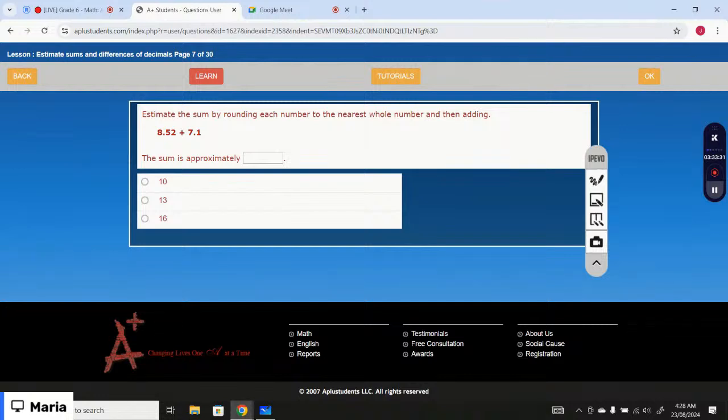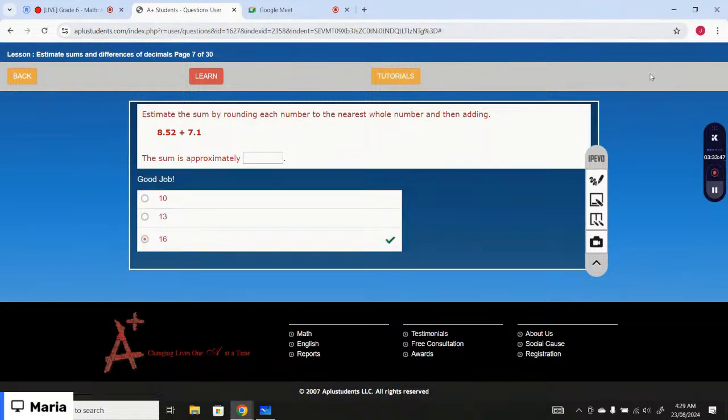That is, you need to add, right? 16, it is option number 3 is the correct option, right? The correct option is 16. Option number 3 is the correct option.